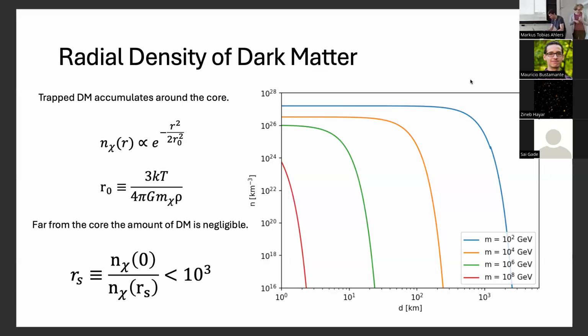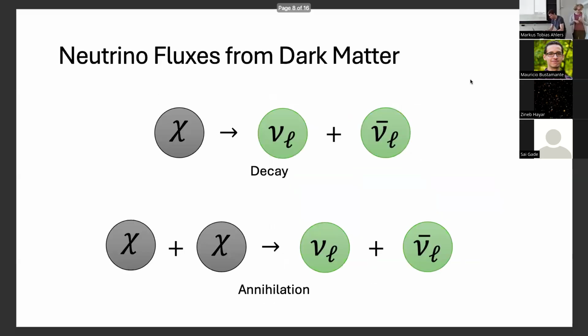We can see that for the ultra heavy, super heavy dark matter particles, everything is effectively within 5-10 kilometers of the Earth's core. So we can effectively treat them as a point source located at the center of the Earth. This is not the case for lighter dark matter. And these curves aren't correct either, because we assume a constant temperature. There wouldn't be a constant temperature when we go to like 1,000 kilometers away from the core.